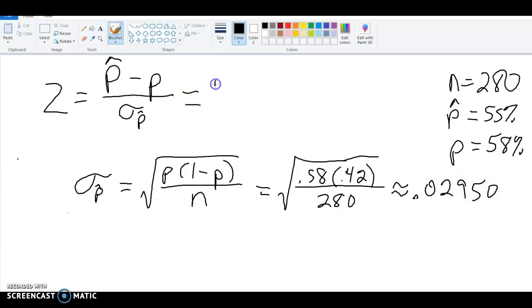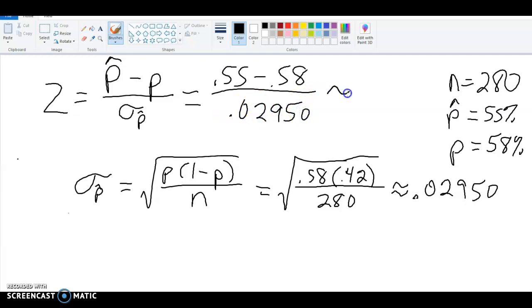So we have our 0.55, which is what we got in our sample, minus 0.58. So we were a little below. We're going to go negative here. And then we're dividing that by our standard error. And I'm getting a z-value of negative 1.02.